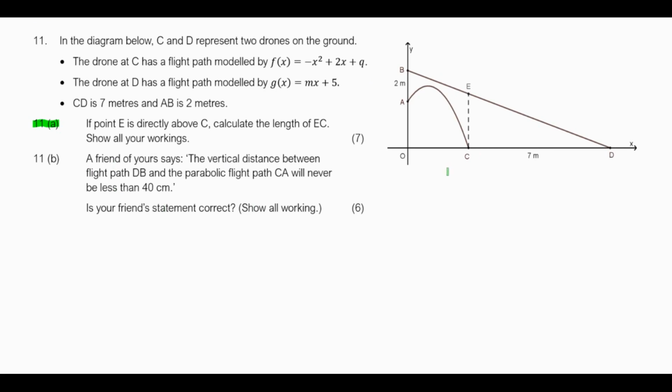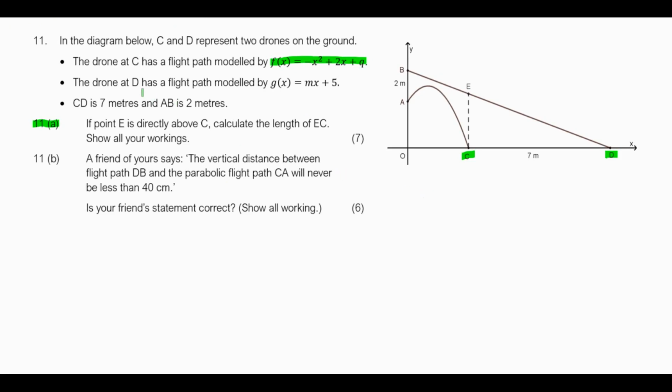In the diagram, C and D represent two drones on the ground. The drone at C has a flight path modeled by f of x is equal to negative x squared plus 2x plus q.